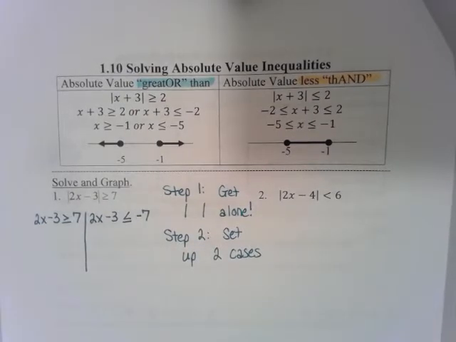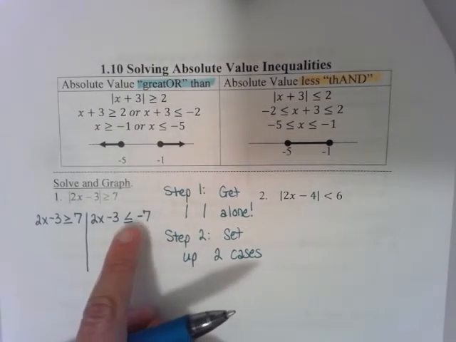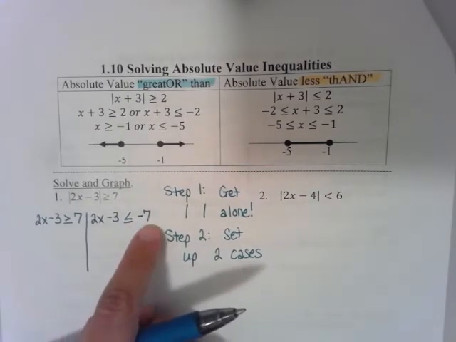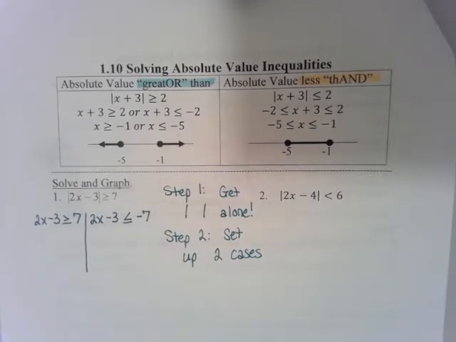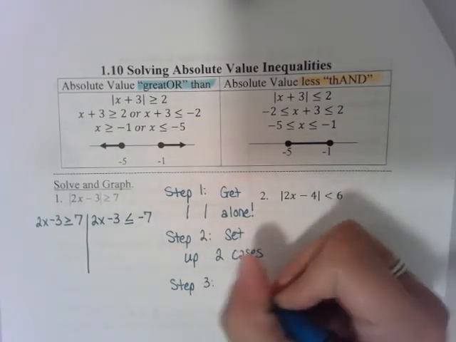The reason that we do that is because we're flipping the direction that we were moving on the number line. If something is bigger than 7 spaces away, it would have to be a number that's smaller than negative 7. So anytime we set up our two cases, we always flip the inequality and make it negative in the second case.